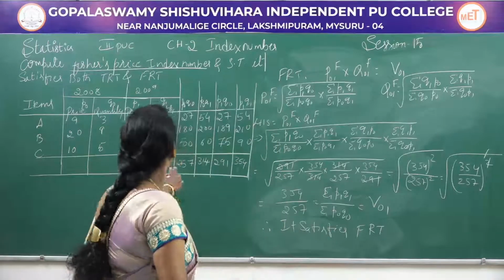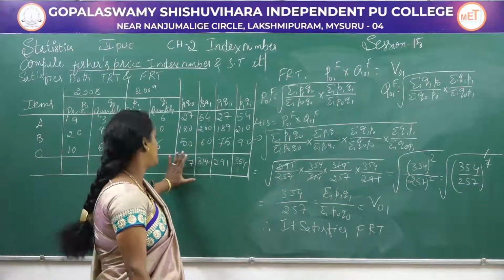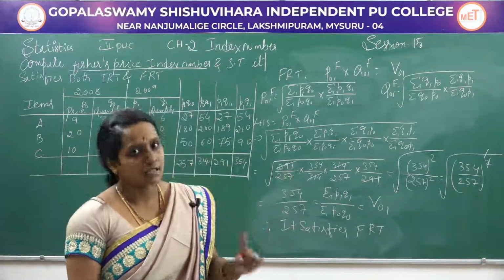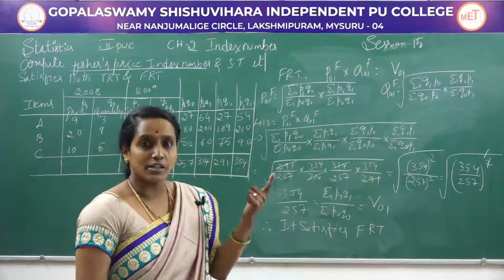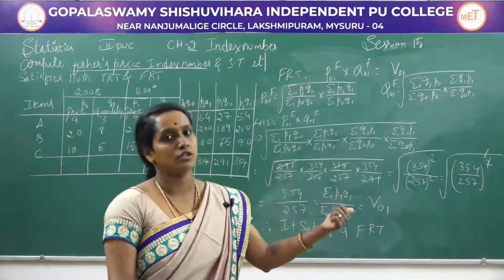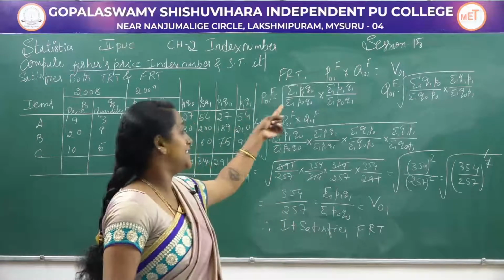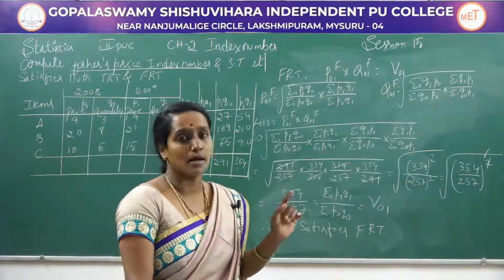Already I have told this total values will carry 4 marks. Fisher's formula carries 1 mark. Fisher's answer carries 1 mark, total 6 marks. TRT condition carries 1 mark. Substitution and proving, that carries 1 mark, 8 marks. FRT condition will also carry 1 mark, and substitution and proving will carry 1 mark.